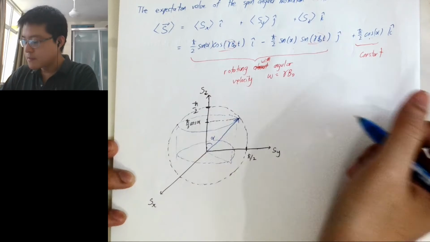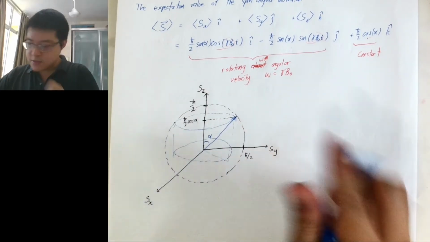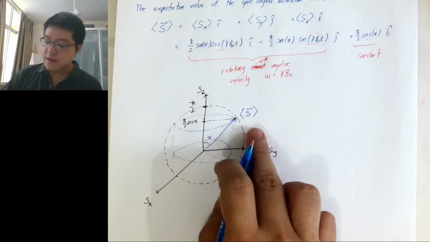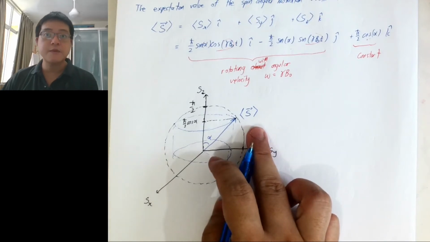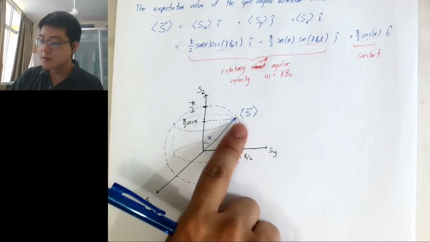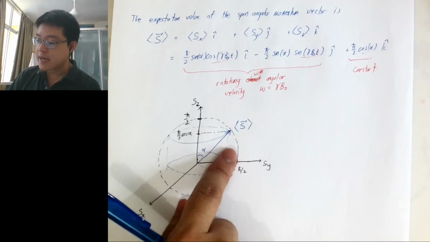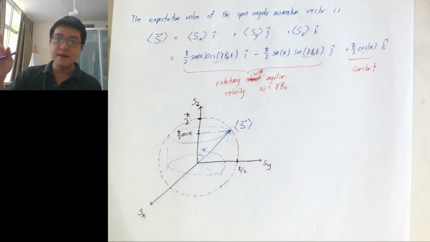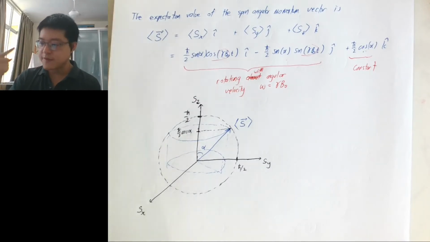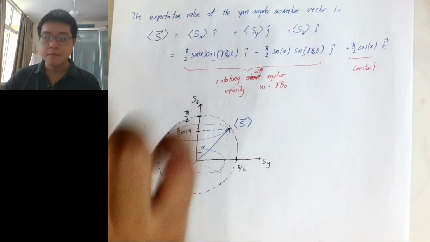Right. So this is my vector of expectation value. I'm talking specifically about expectation value, right? The vector itself is something we discussed last time, but because this is an eigenstate of z, the z component is definite, it is fixed, but the x and y components are not fixed, they are changing with time, right?